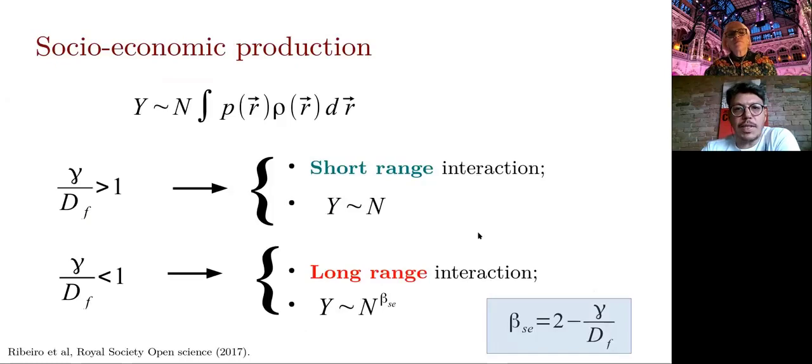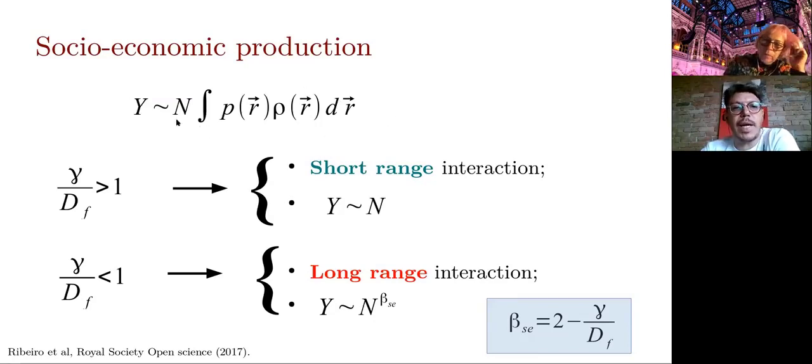With this consideration, here you have the probability of interaction, and here you have the density of individuals in a specific part of the city. So these terms represent the number of interactions that one individual has with a person that lives at a distance r. When I integrate all these parameters, we have the total number of interactions that one specific individual has.